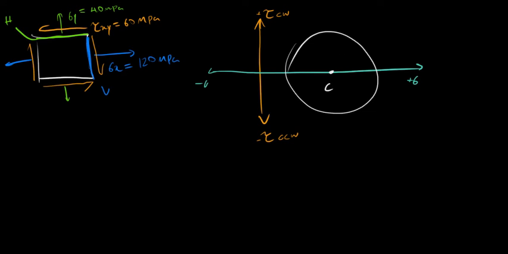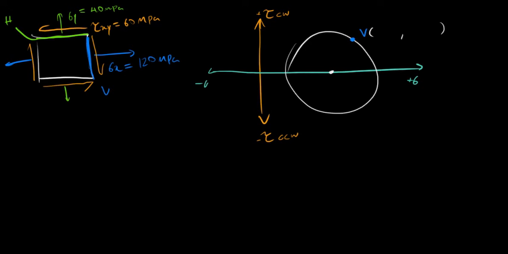I want to plot V. So V is just, I go in the x direction, which is going to be stress, I go 120, which is just the sigma x, and I go up by tau, which is just tau xy. So if I were to plot V, it would be somewhere here.